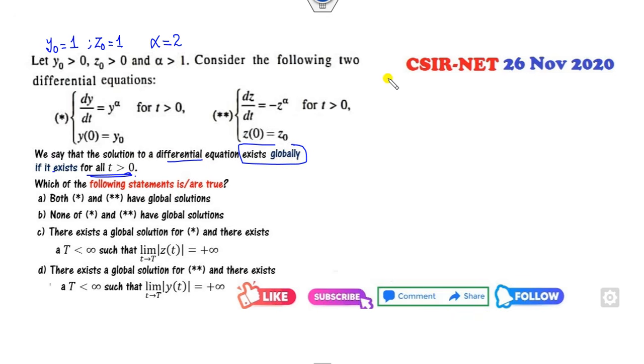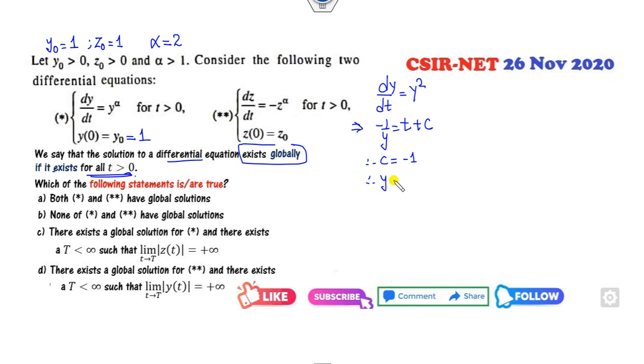Okay, so let me first solve this part. It is y squared. Fine. So what is the meaning of that? Minus 1 over y is t plus c. Now y0 I consider as 1. So can you find the value of c? c will be minus 1.